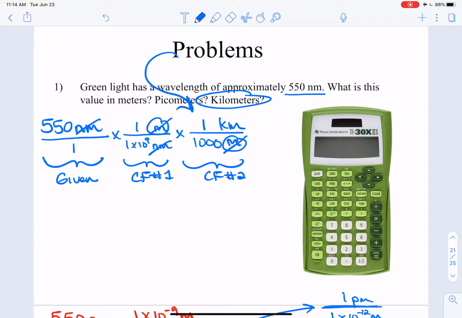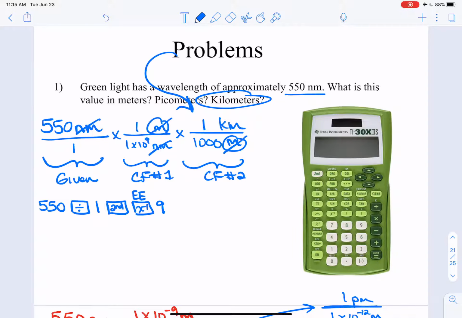So what we'll do is we would do 550 divided by 1, and then you would hit the second key, and then you would hit x to the negative 1 because what we're after is EE because we want to do 1 to the 9th.